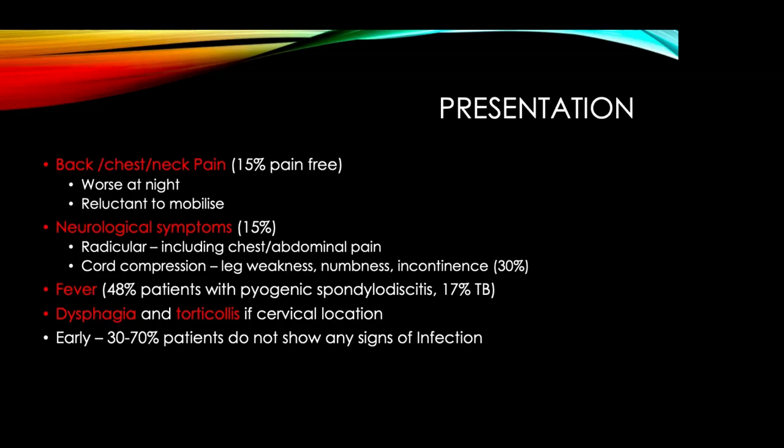About 15% will have neurological symptoms, which could be radicular, including chest and abdominal pain, or related to cord compression, leg weakness, numbness, incontinence. About half of the patients with a pyogenic spondylodiscitis will have a fever. Only about 17% will in TB.